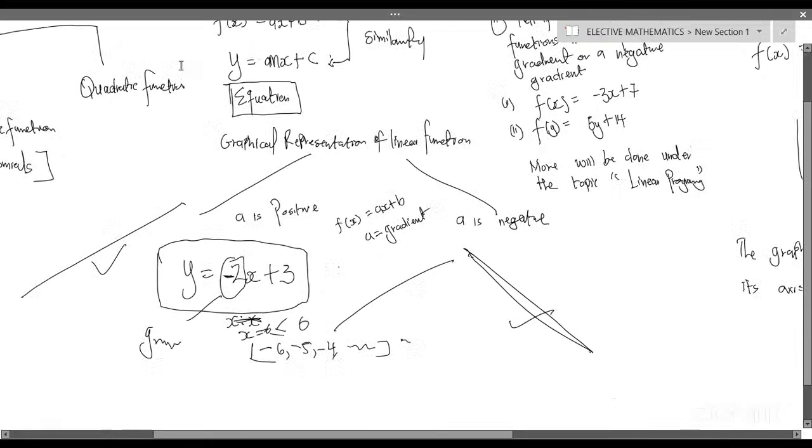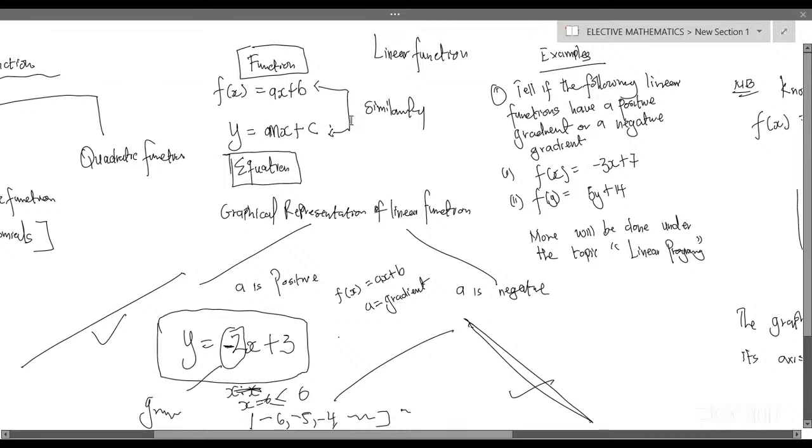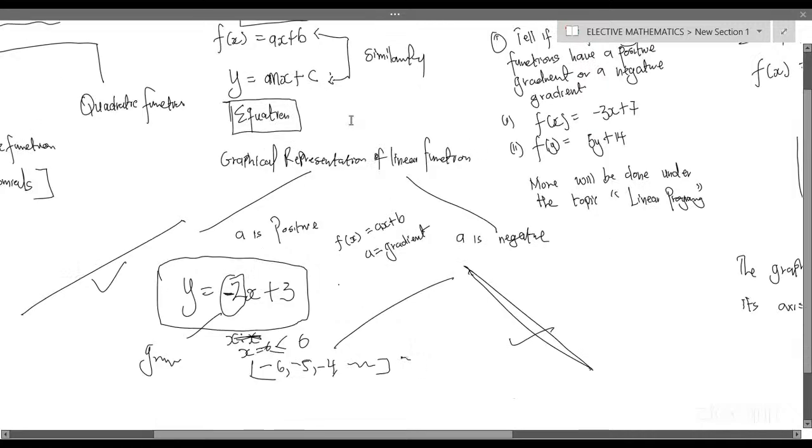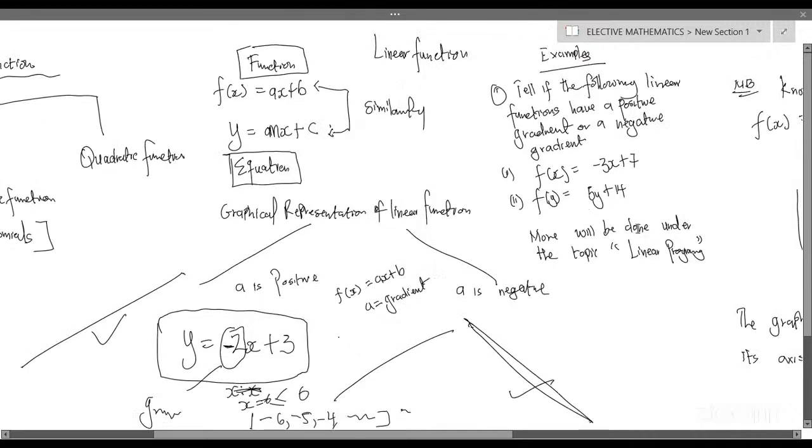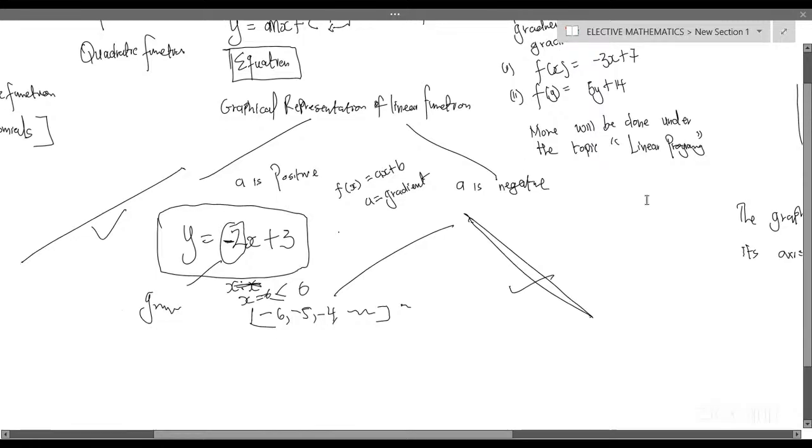The first one, f of x is equal to -x plus 7. Can we say it has a positive gradient? No, it has a negative gradient. So this particular one will have a negative gradient, right?